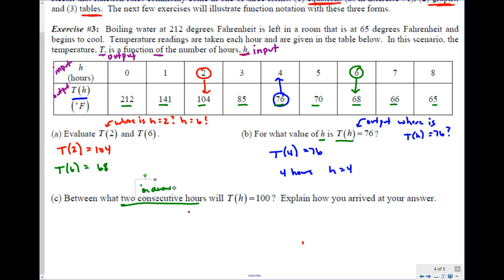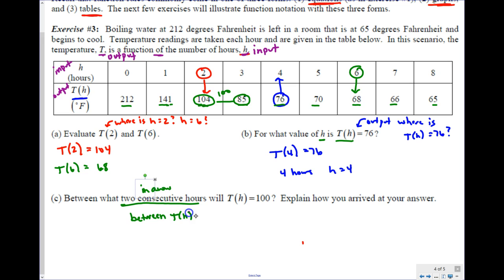Will t of h be 100 between 141 and 104? No, because it's going to go down to 104 but not actually go through 100. Will it be 100 between 104 and 85? Yes. At some point between 104 and 85, it will hit 100 because it has to cool off. It's going to hit that degree.